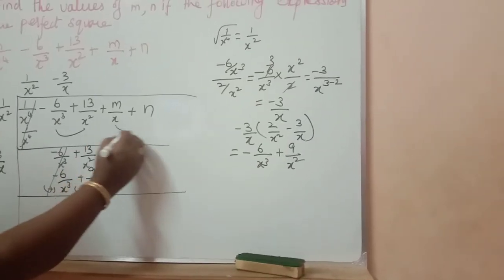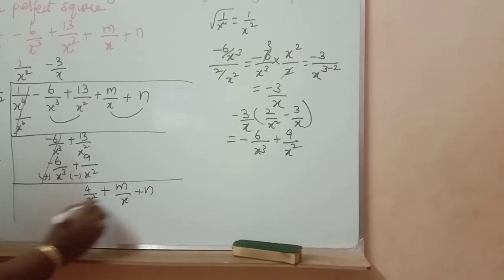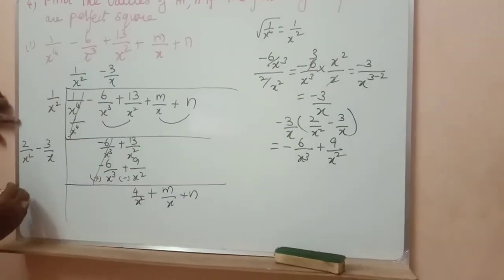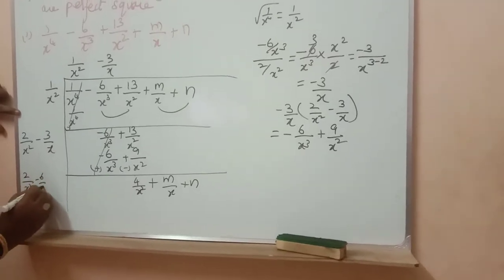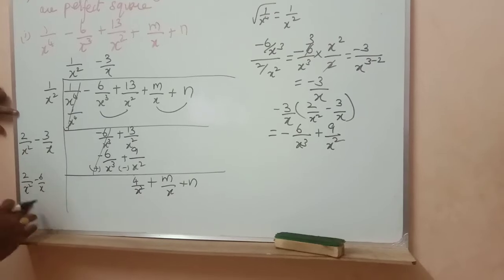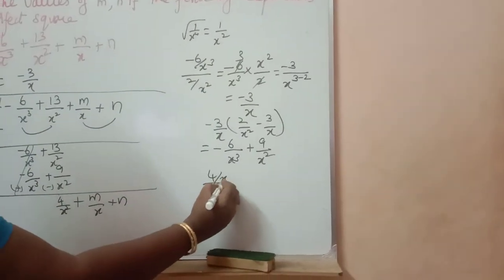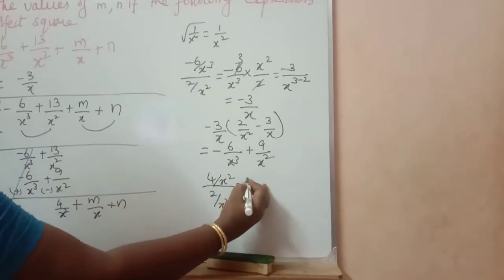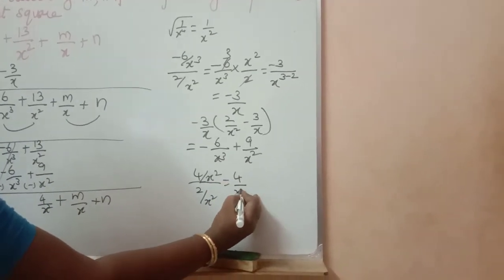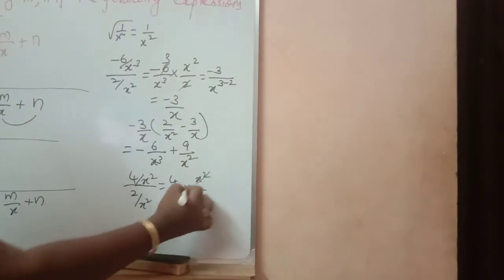Okay, bring the next two terms, m by x plus n. Multiply the terms by 2. 2 by x square minus 6 by x. Again first term by first term, 4 by x square by 2 by x square. Fraction in the numerator, write the same fraction. Fraction in the denominator, write its reciprocal.